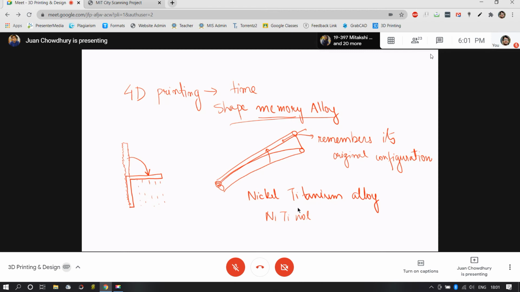But this has extended the capacity of making microelectromechanical systems, or popularly known as MEMS.